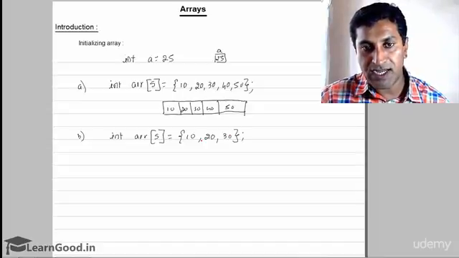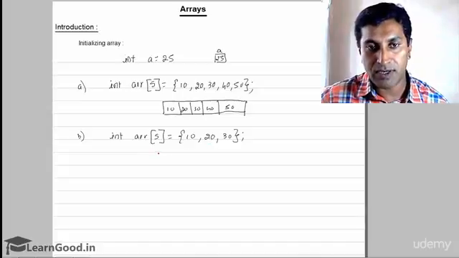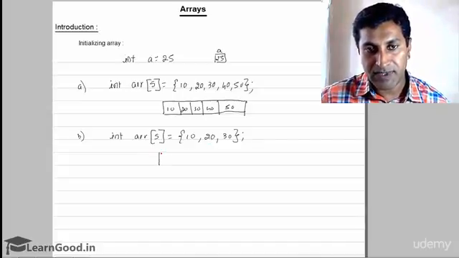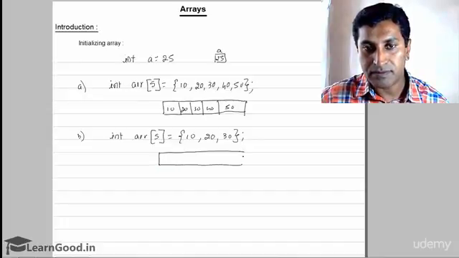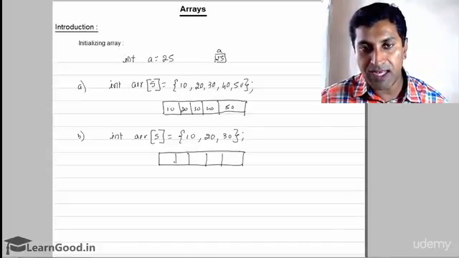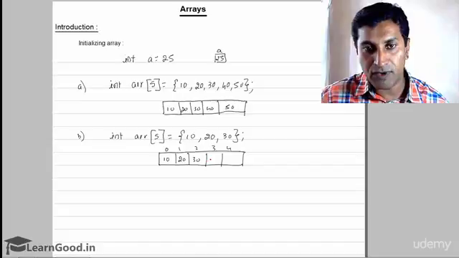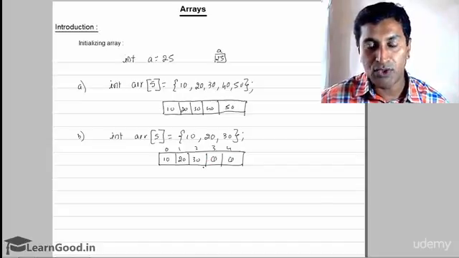It's not necessary that you give as many values as the number of elements in the array you created. In that case, it will create an array of 5 elements, and these 3 values, 10, 20, and 30, are stored in index numbers 0, 1, 2, whereas 3 and 4 will be automatically initialized to 0.